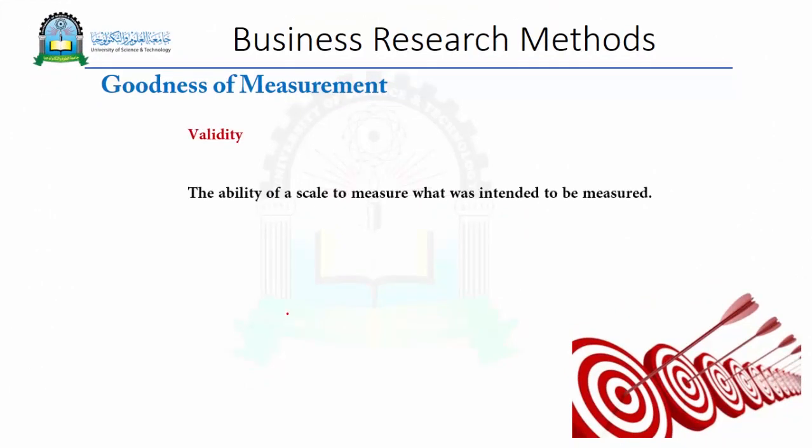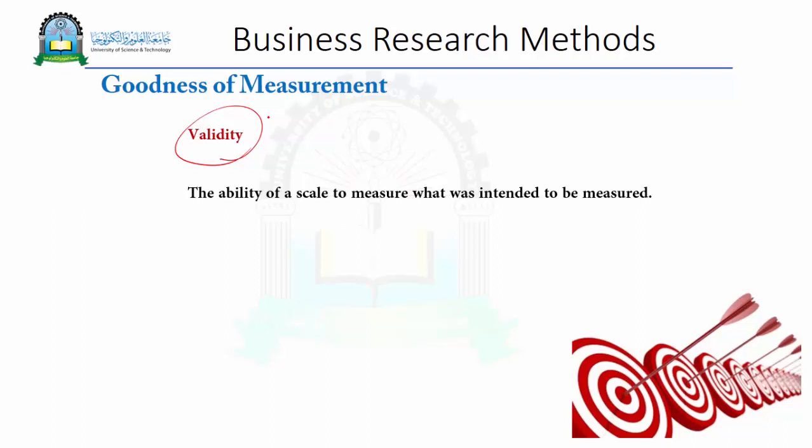So the scaling is the 5th step in the operationalization, and that's what we have just explained. Now, when the tool of data collection is ready, when the questionnaire, for example, is ready, we need to test what we call the goodness of the measurement. So testing the validity and reliability. So what is validity or the validity of the instrument?